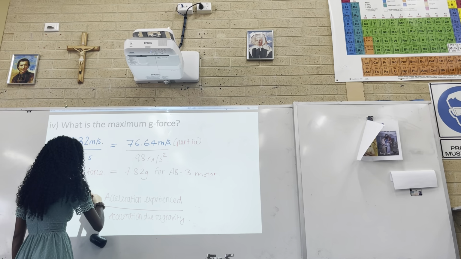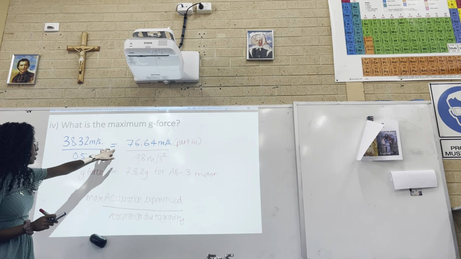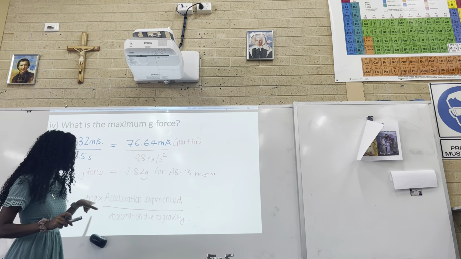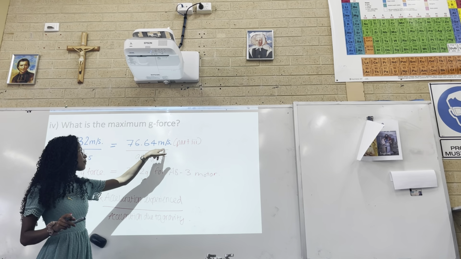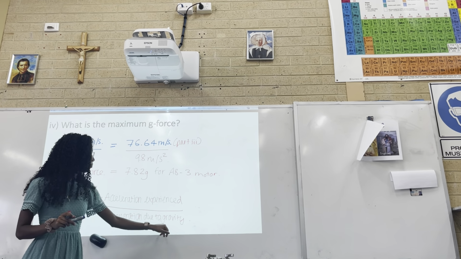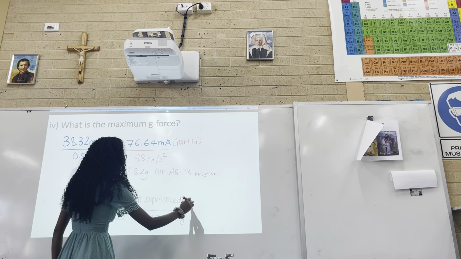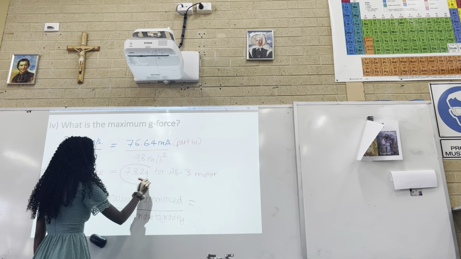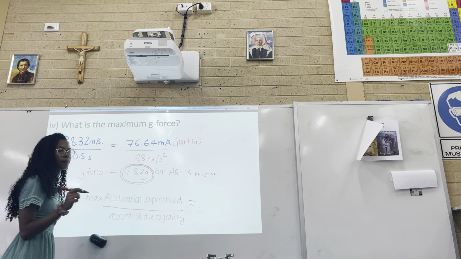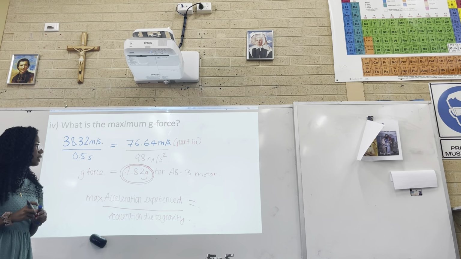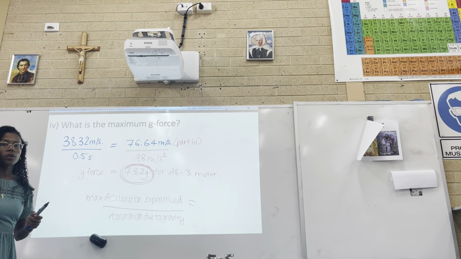We took our maximum acceleration, 76.64 meters per second squared, and divided it by the acceleration due to gravity, 9.8 meters per second squared, to get this. You will have to do that as well for B motor and C motor.